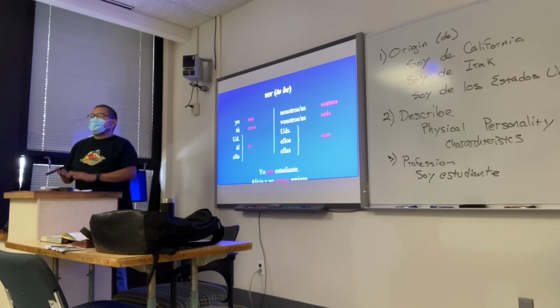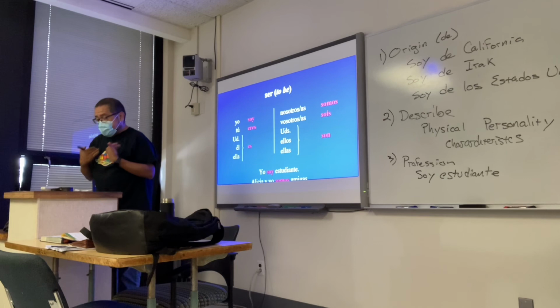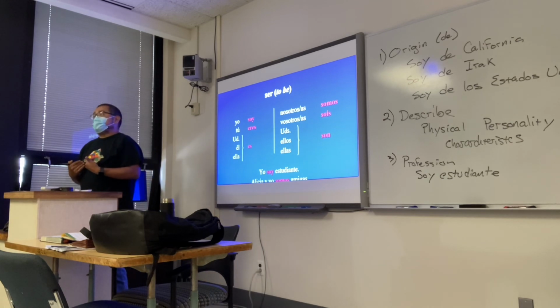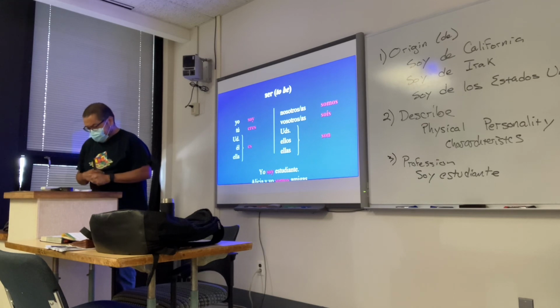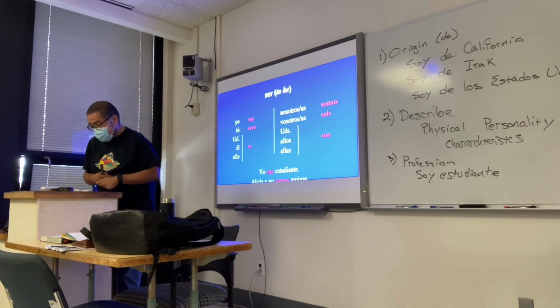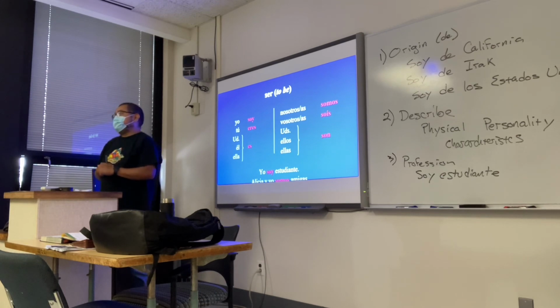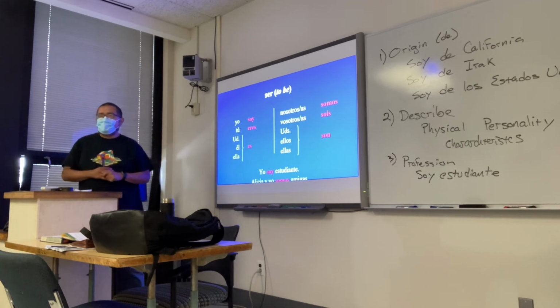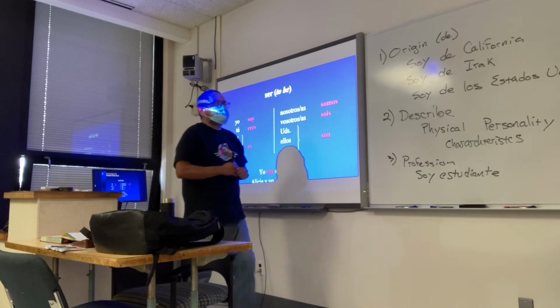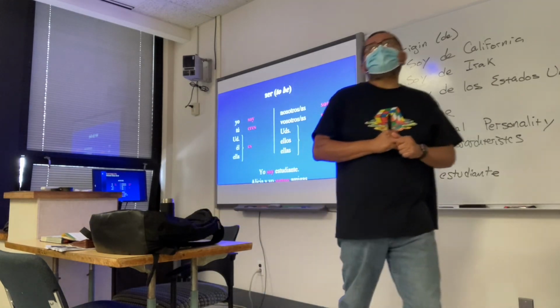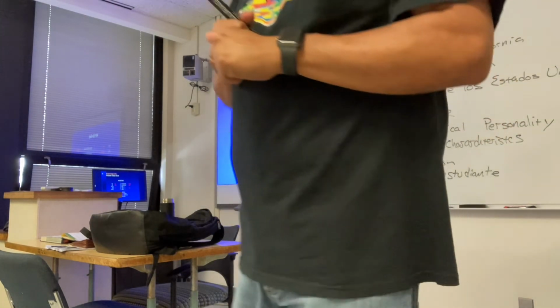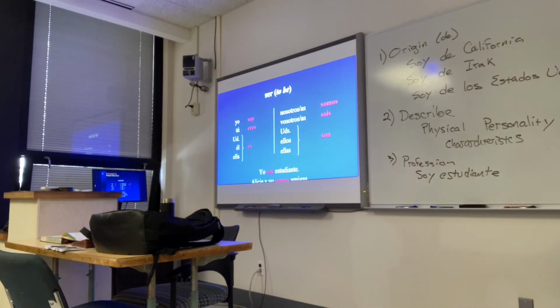So you're describing yourself, yo soy, all right? Yo soy fantástico, mi profesor. I'm a great professor, all right? My best friend, ella es romántica. She is romantic, all right? So, describe yourself, describe a friend. If your friend is male, él es. If your friend is female, ella es.